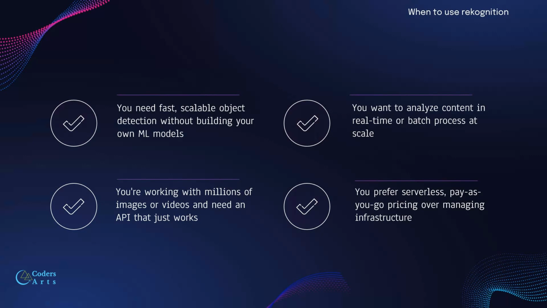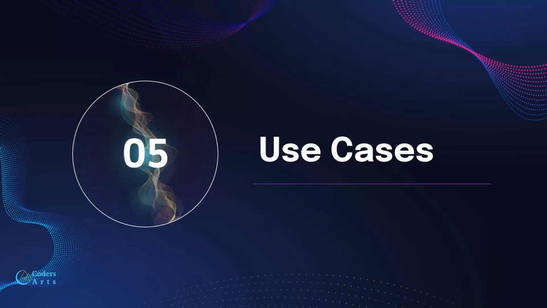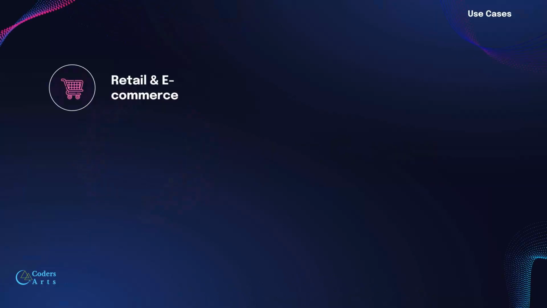Now that we know when we should use Amazon Rekognition, let's break down where Amazon Rekognition is actually making a difference across industries, and not just in theory but in real high impact scenarios. So the first scenario is retail and e-commerce.